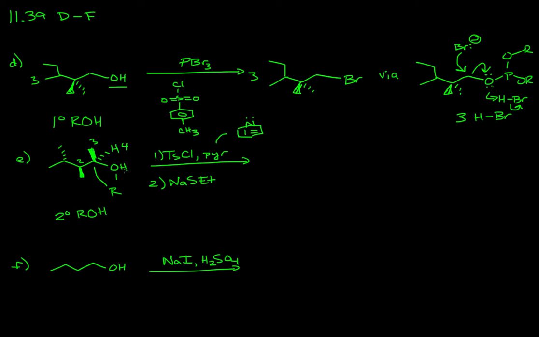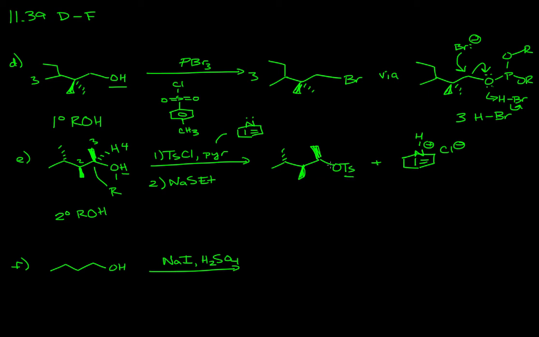The pyridine will abstract the hydrogen, and we're left with the pyridinium hydrochloride. So the product of the first step is the following. We've simply substituted this hydrogen for the tosyl group.